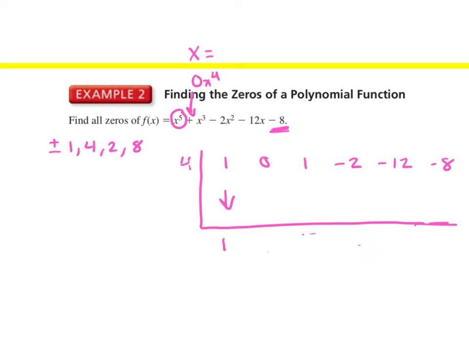Let's try 2. Multiply, add, multiply, add, multiply, add, multiply, add, multiply. It works. So 2 is one of our answers. What do we do next?